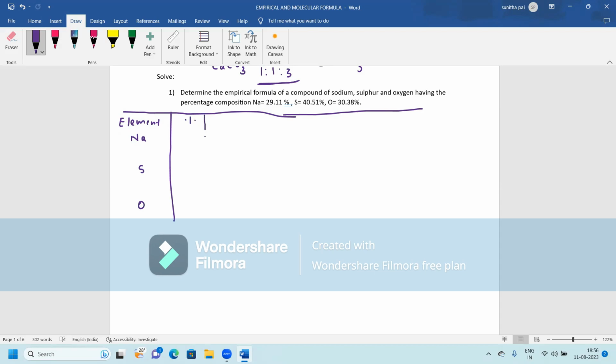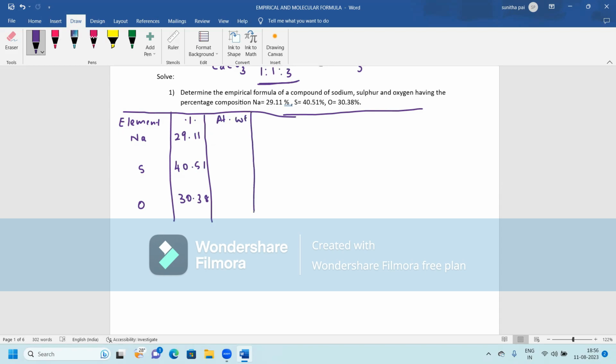Second column is for percentage. Whatever percentage is given, we are just copying it. 29.11%, 40.51 sulfur, and oxygen is 30.38%.